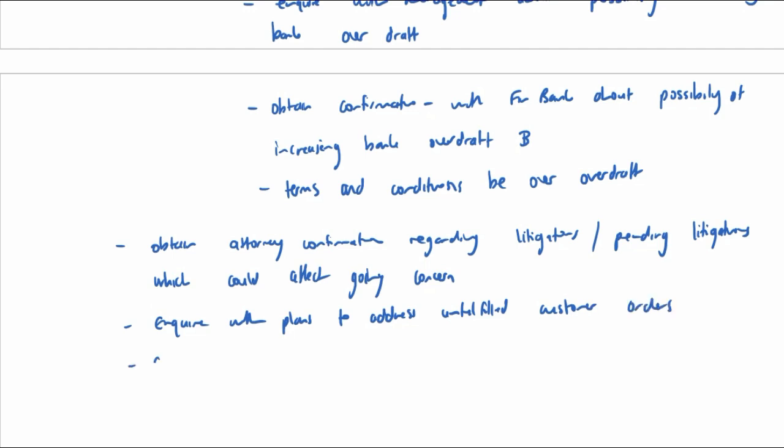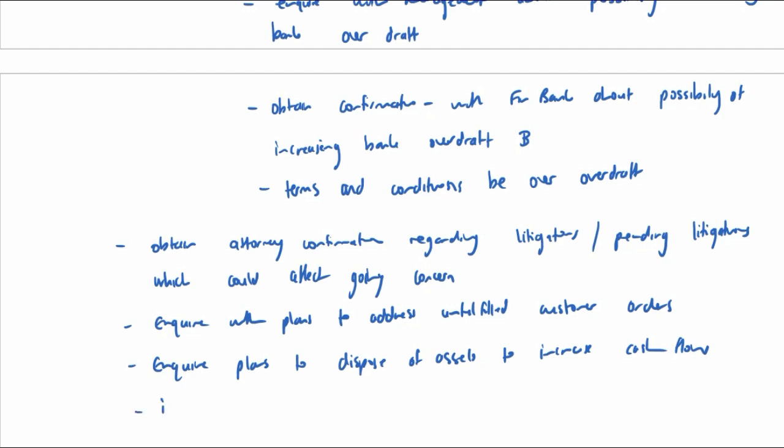We can inquire about plans to dispose of assets to increase cash flow. Is that a plan? Do they have assets that they can actually dispose of?